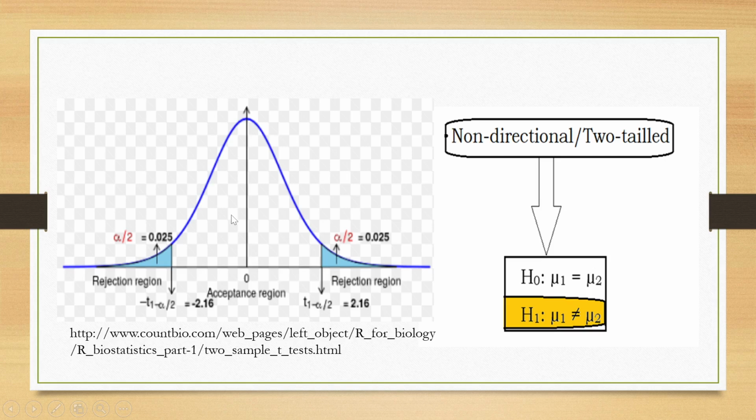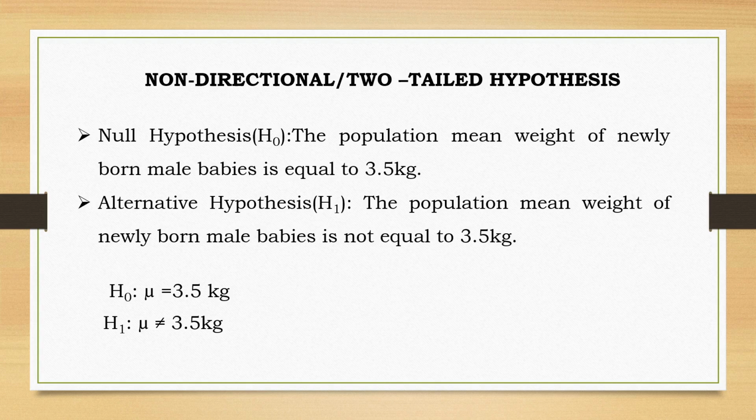Here, I have a hypothetical example of the population mean weight of newly born male babies, which is equal to 3.5.